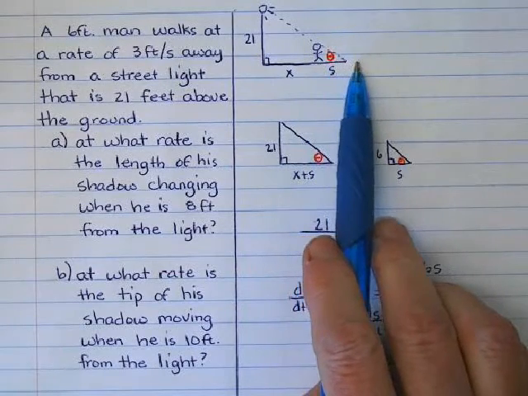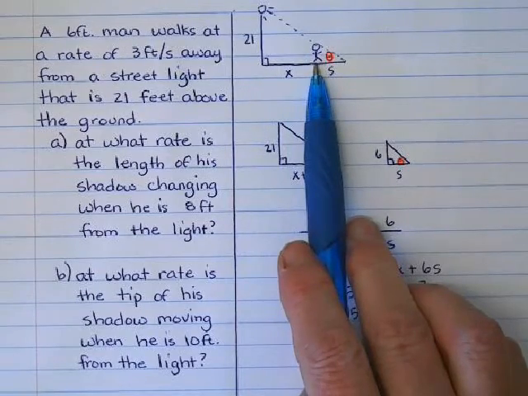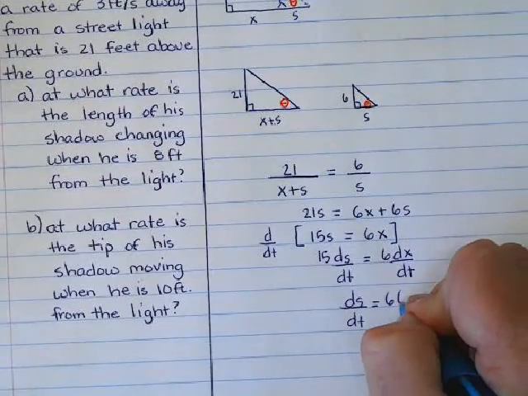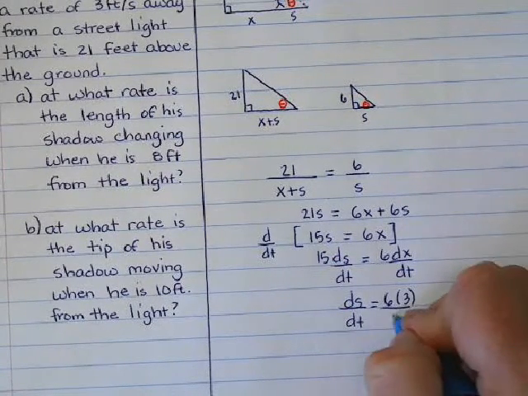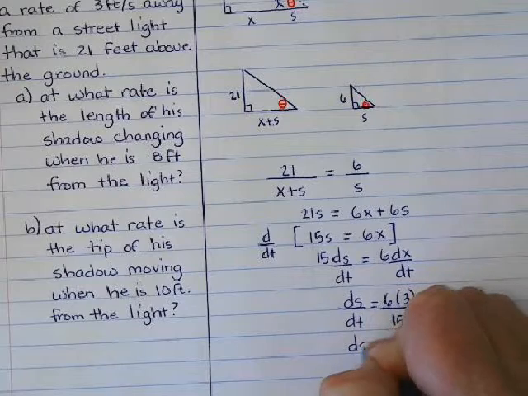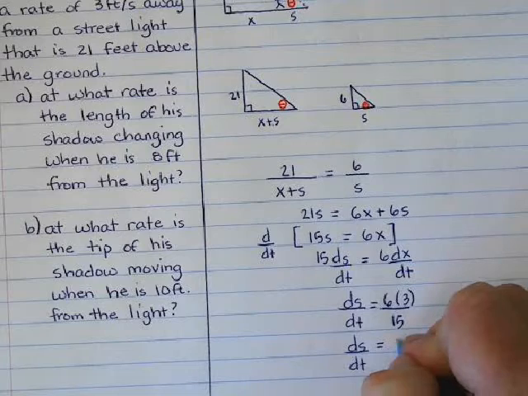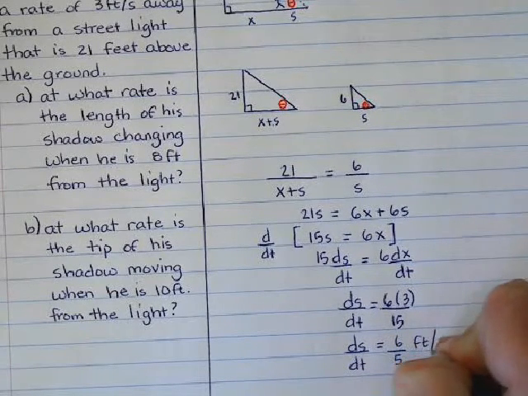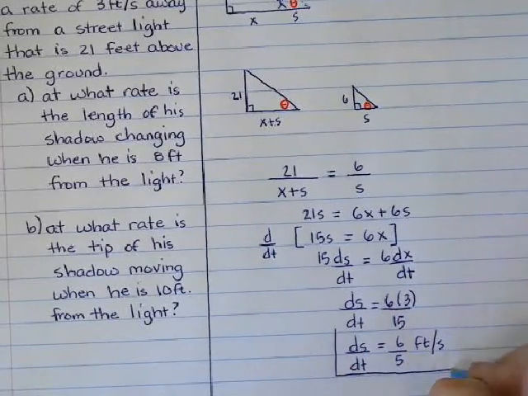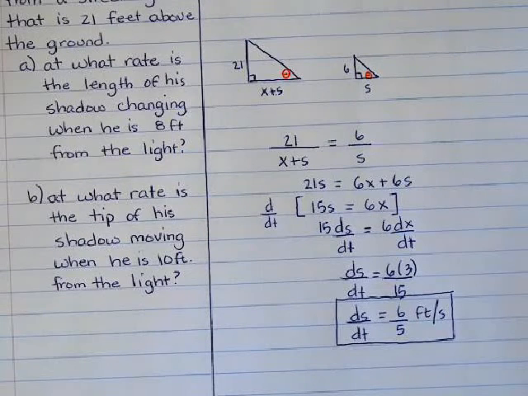If he's walking away from the light, then x is getting bigger, so that's going to be positive. Then I'm going to divide by 15. So ds/dt is going to be equal to 6/5 of a foot per second. So every second, his shadow is changing by 6/5 of a foot in length.